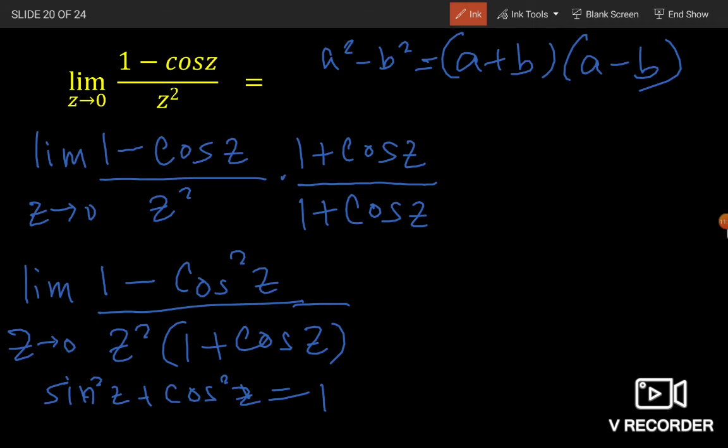So we can write, from this trigonometric identity, sine squared z is equal to 1 minus cosine squared z. So let's clean this up a bit.